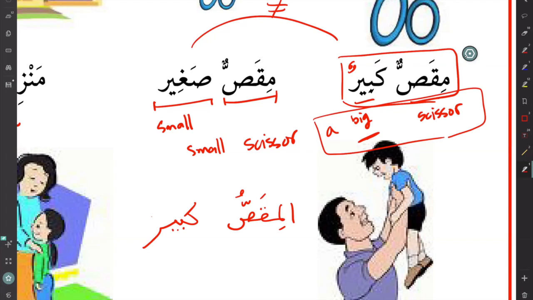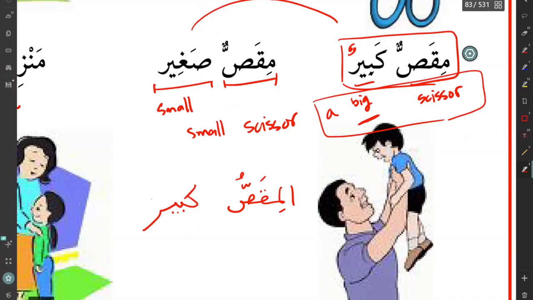We're not saying miqassun kabir, we're saying al miqassu kabir. So what does this mean? Believe it or not, we are making this into a sentence. When we have the first one definite and the second one indefinite, this is a sentence. So we're saying the scissor is big.